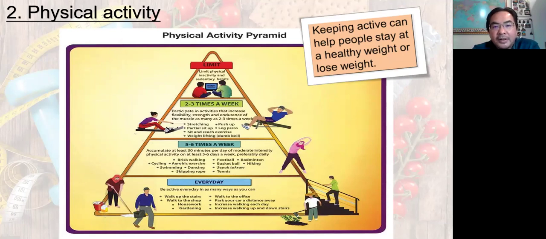Of course, if you haven't been exercising for a long time, you don't need to start by running for 1 hour, for example. You can start slowly and try to accumulate your physical activity and build your way up. For example, if you haven't been exercising for a while, you can try brisk walking, walking very fast for 10 minutes. And then after a few days, when you are more fit, then you can do brisk walking for 15 minutes and gradually build your way up.